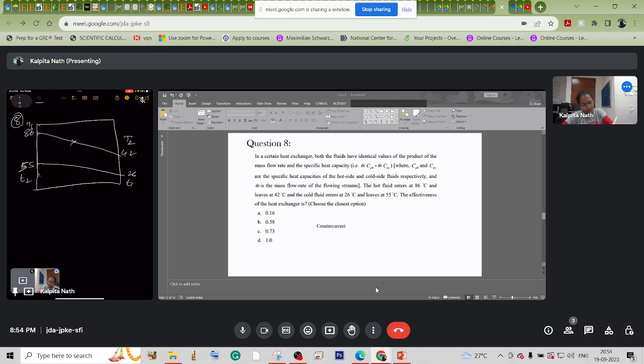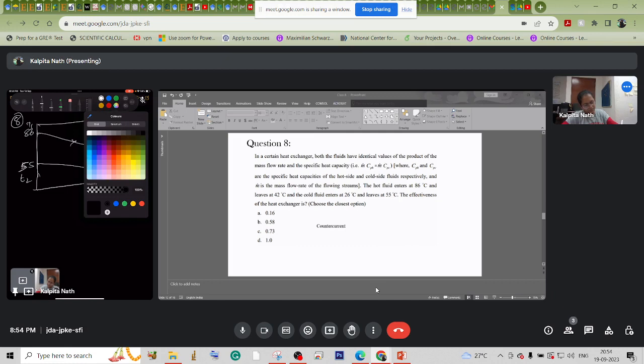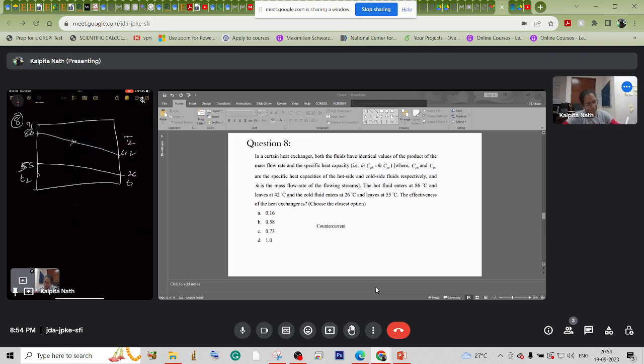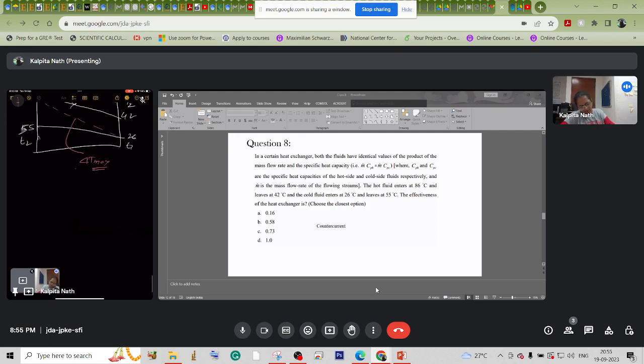And let me take some other color. Okay, so this is delta T maximum, the maximum temperature difference.